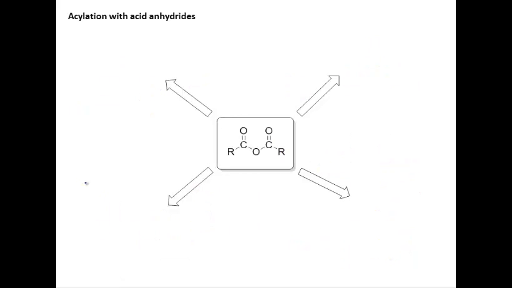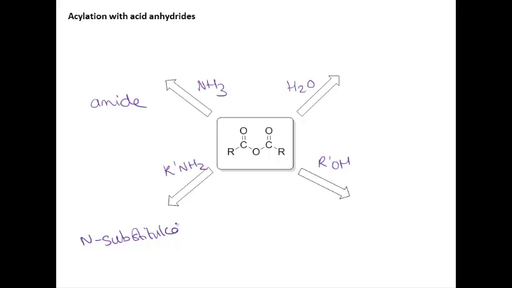If we look at the same reactions with acid anhydrides, we get the same products. Again, amide, N substituted amide. Here we're going to get an ester, and here we're going to get a carboxylic acid.